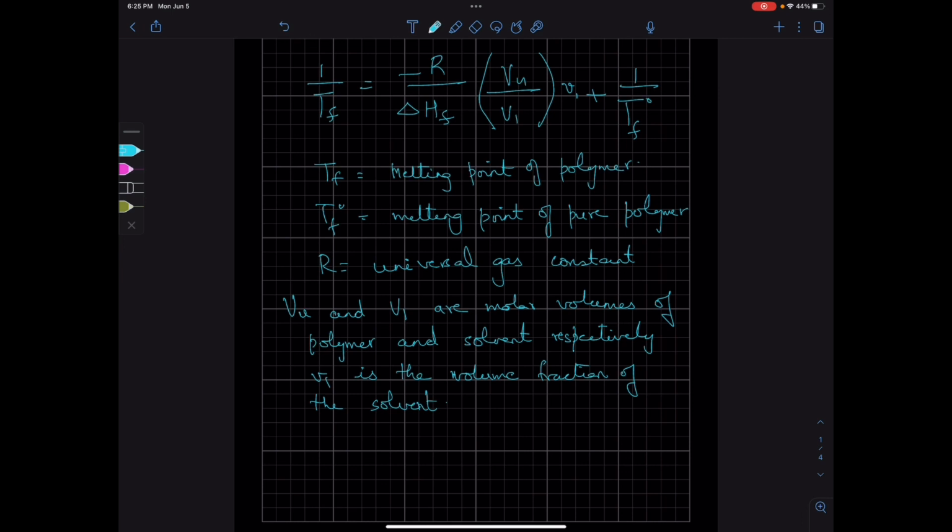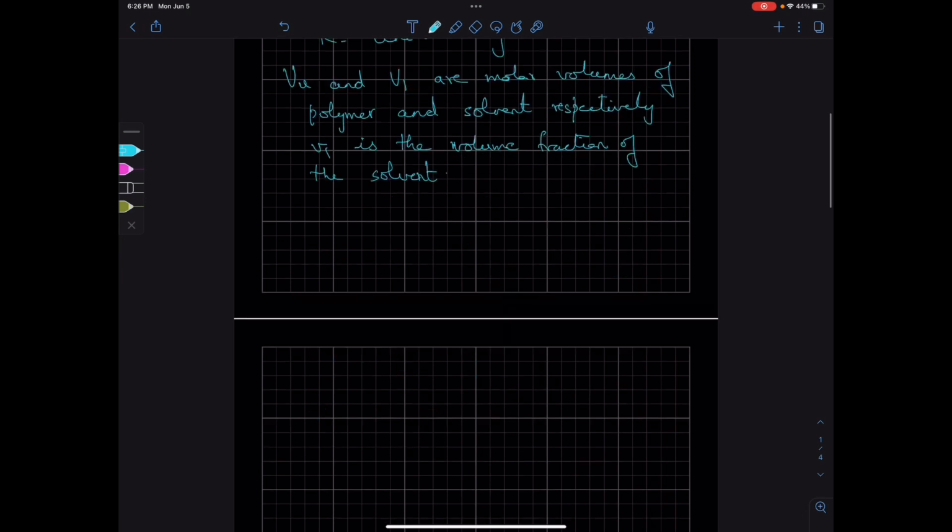This equation is of the form y equals mx plus b, where if we plot a graph of 1 over Tf versus little v1, which is the volume fraction of the solvent, negative R over delta HF times Vu over V1 will be the slope, and 1 over Tf0, the melting point of the pure polymer, would be the y-intercept.